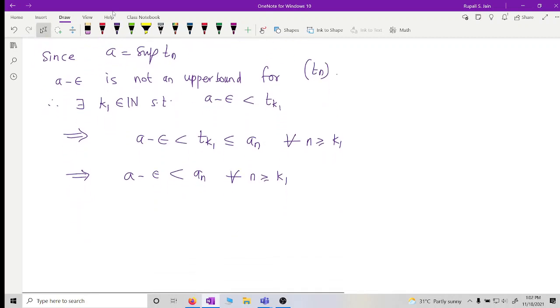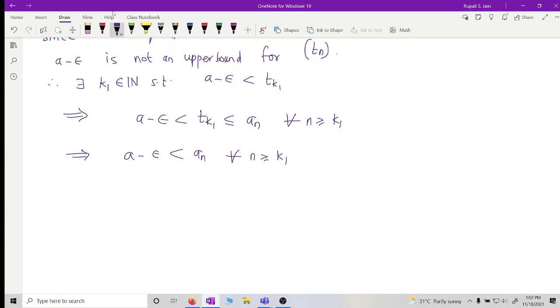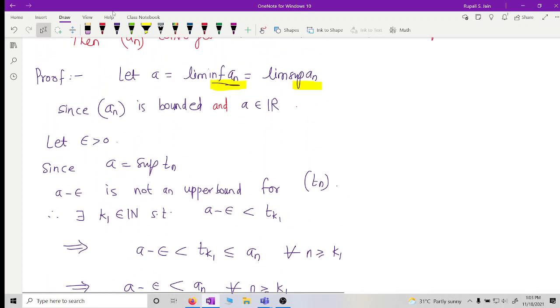Similarly, also, what is A? A is nothing but the infimum of capital T_n.